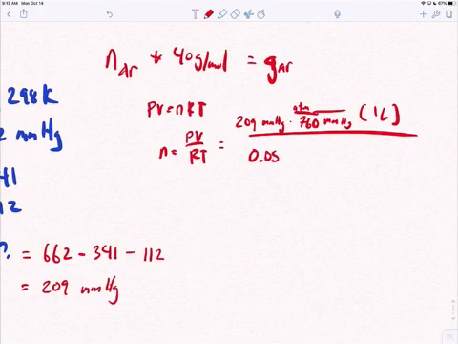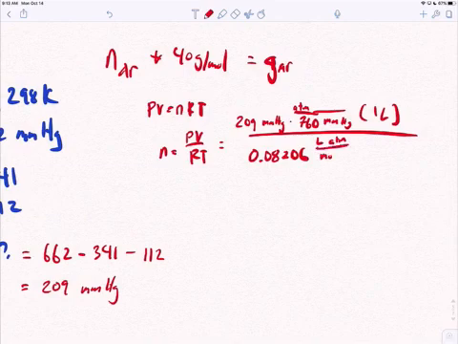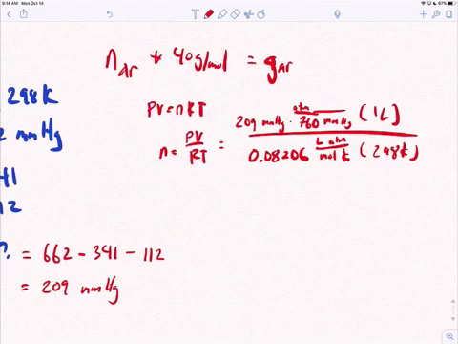R is 0.08206 liter atmosphere per mole Kelvin, 298 Kelvin. And what is this? 209 divided by 760 divided by 0.08206 divided by 298.